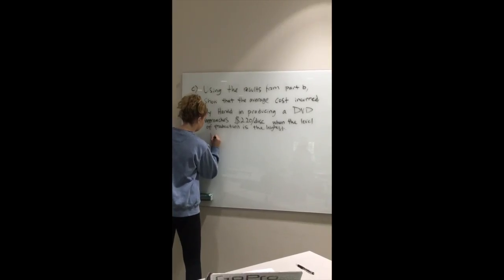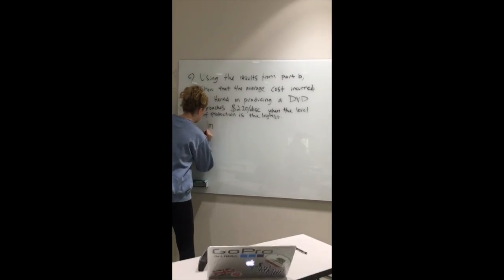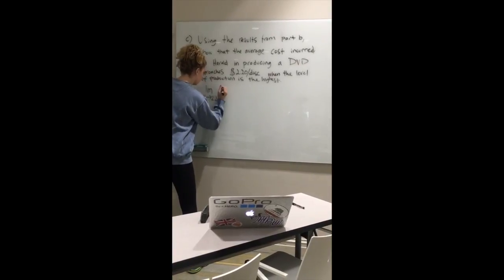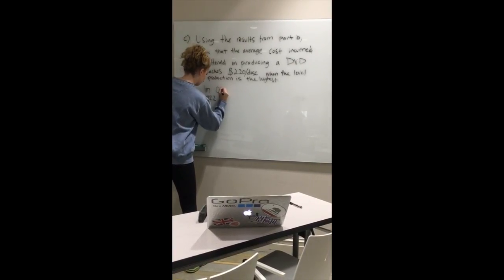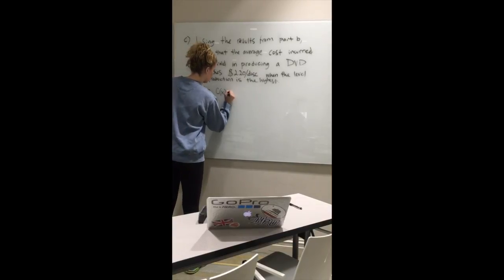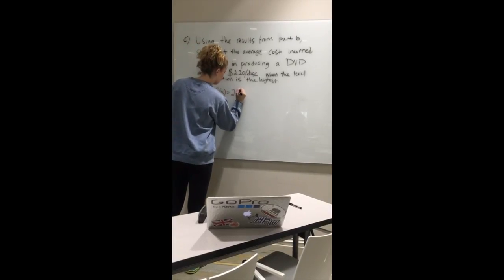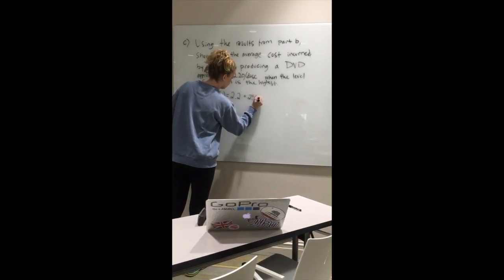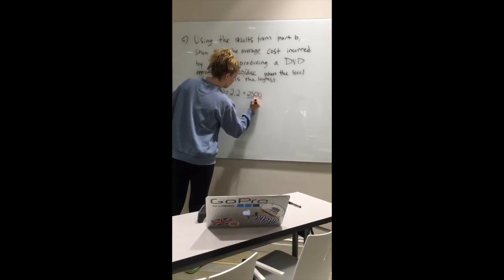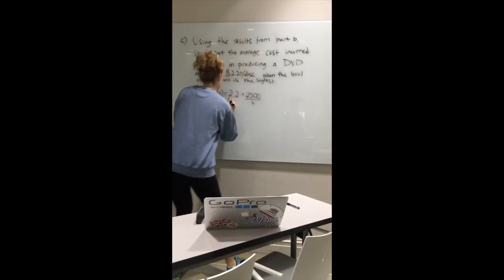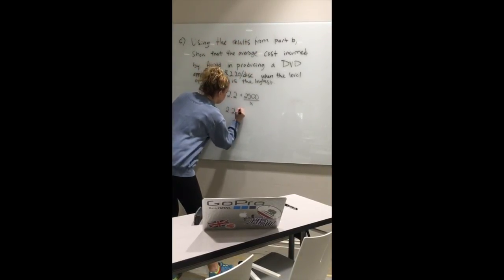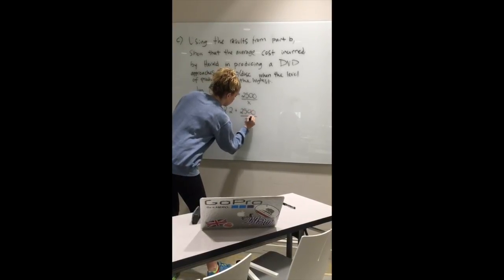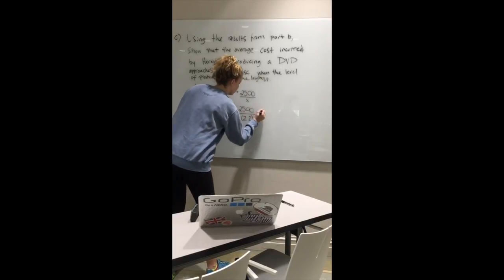So for part C, we're going to take our average cost equation from part B and use it to find the answer to this part. We're actually going to use a limit. When you see that it approaches $2.20 a disc, that's a hint to use a limit. So we can set it up as the limit as x approaches 2.2 of our average cost.